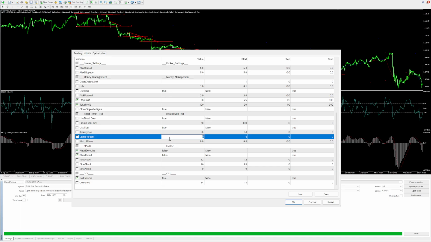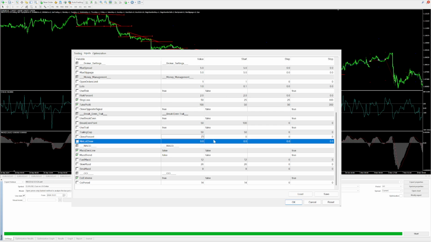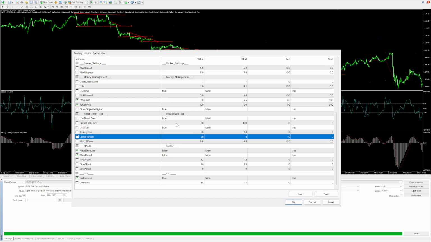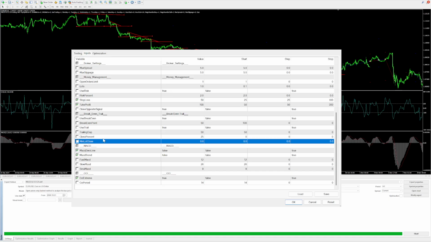Close percent. This is a percentage of the trade to close, if any, when the break even and trailing stop point are reached. So you might want to close, I don't know, 25% of a trade and leave the rest to run, then another 25%, leave the rest to run until the minimum lot to close is reached. So the EA will stop closing part of the position once this value is reached.